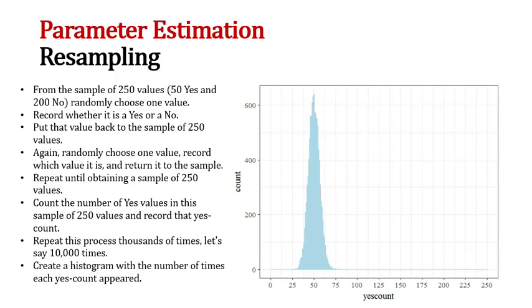So we record that yes count. Okay, so we did this process 250 times to create one sample of 250 values.